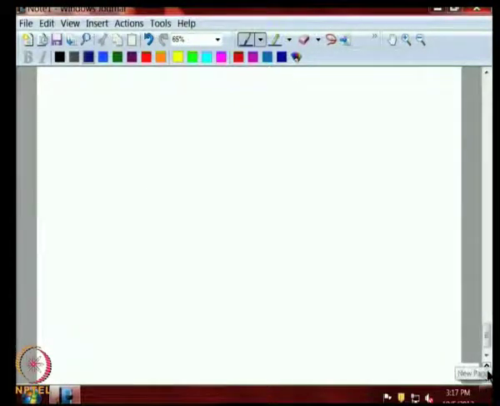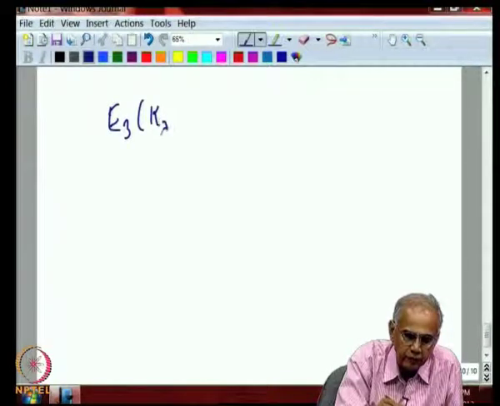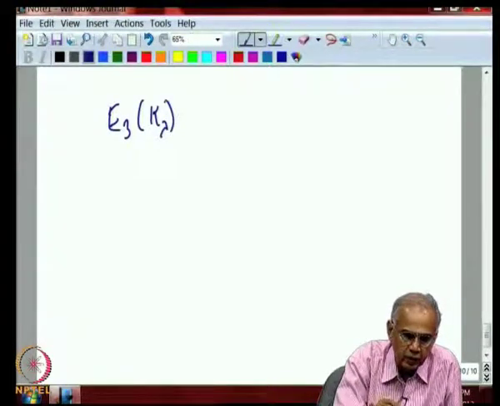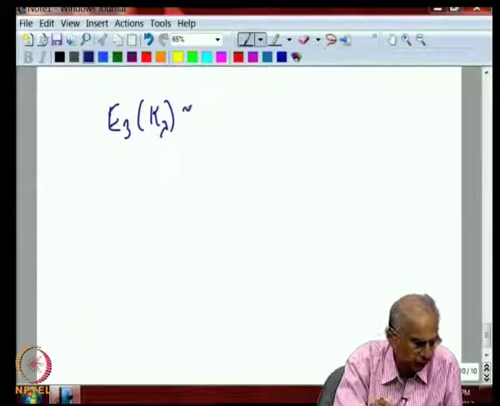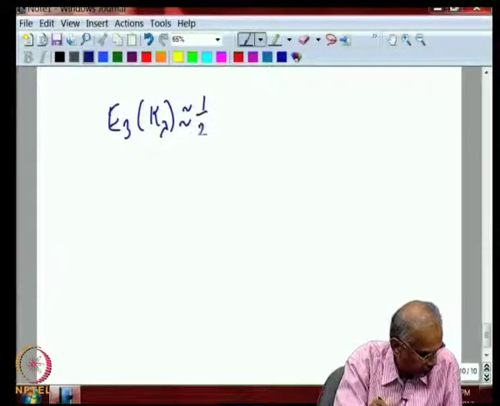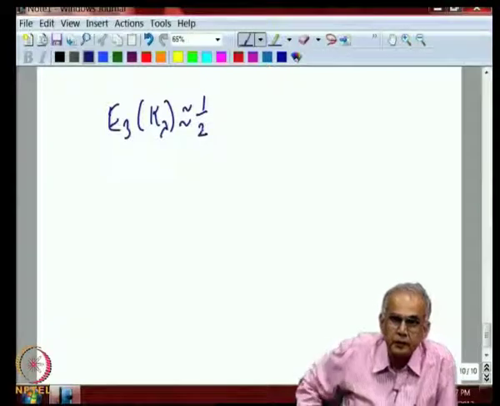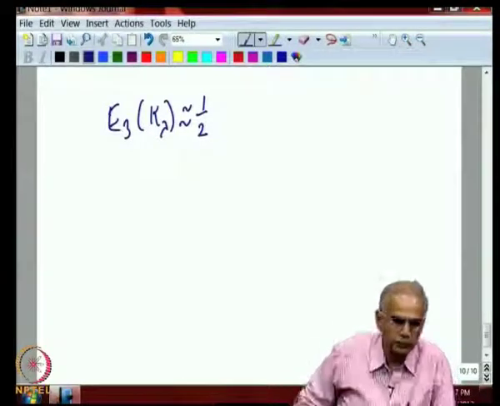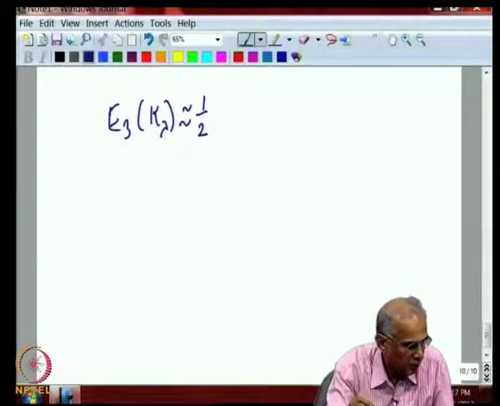So, this information is plugged into the equation. In addition, because kappa lambda 0 is very large, we can say that E3 of kappa lambda for kappa lambda tending to 0 is approximately equal to half. That is, E3 of 0 is half, we know that. So, we assume it is approximately equal to half.